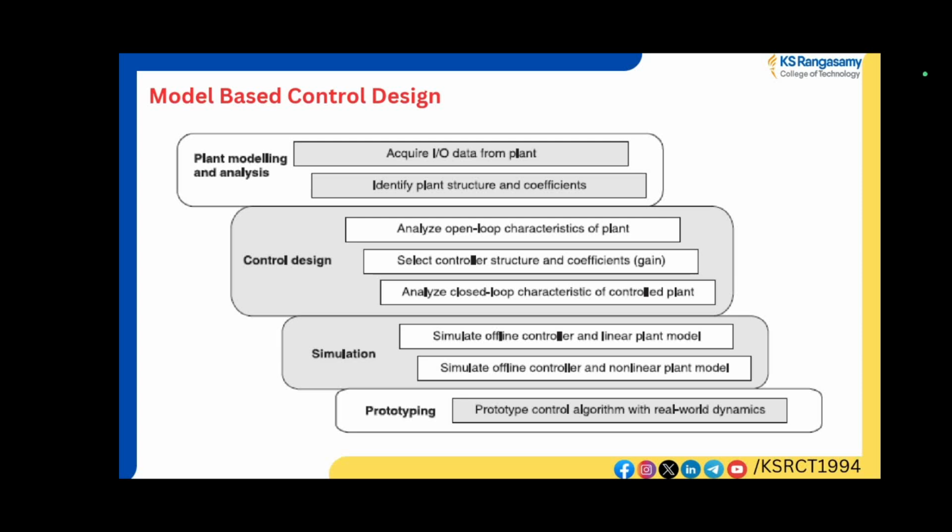In plant modeling and analysis, we are acquiring the input output data from the plant, and we can identify the plant structures and coefficients. In control system design, first we create the open loop characteristics of the plant, and we identify the controller structures and coefficient gains. From that open loop, we convert it into the closed loop so that the output can be compared with the input, and we start tracking the plant output towards the reference input.